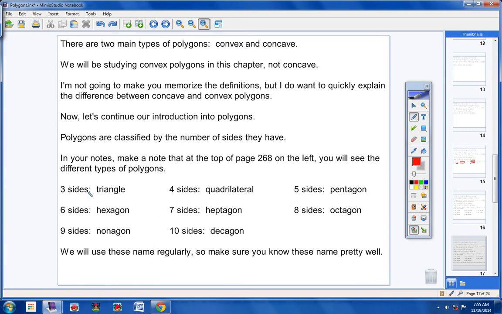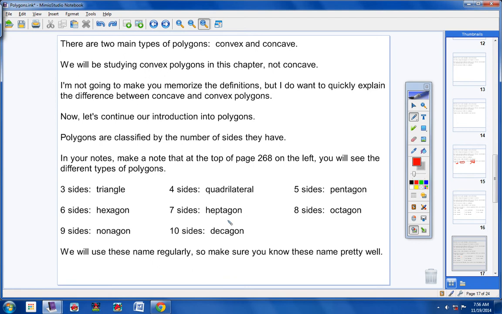And really, this is the triangle you're used to. 4 sides, quadrilateral, pentagon. You know the Pentagon in Washington, D.C.? I'm not a history guy. Fairfax, Virginia. Anyways, the Pentagon. It's 5 sides. I always remember 6, like the number 6, 6, 6, like a hex. Okay, so hexagon.